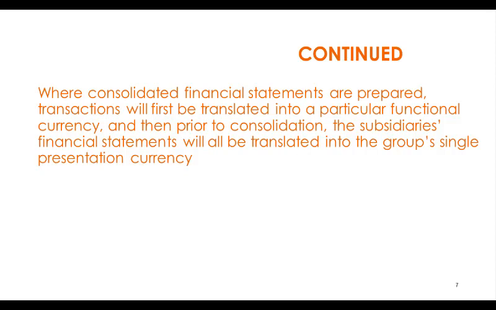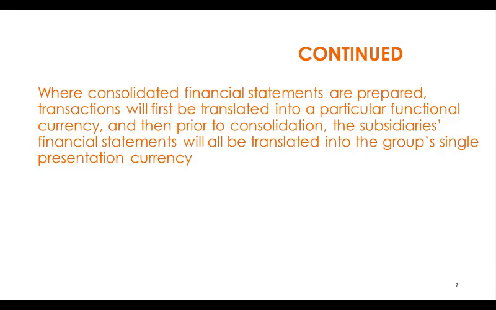Where consolidated financial statements are prepared, transactions will first be translated into a particular functional currency, and then prior to consolidation, the subsidiaries' financial statements will all be translated into the group's single presentation currency.